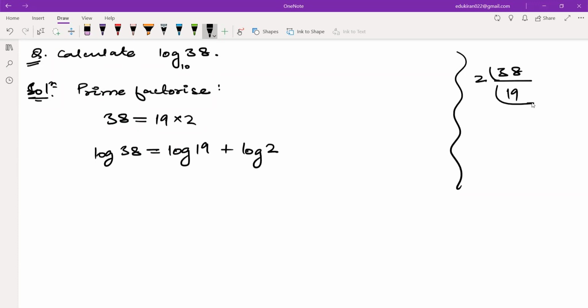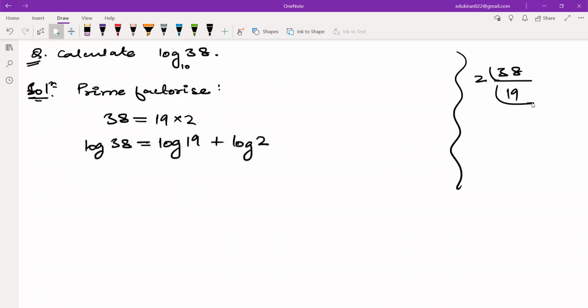So I know the value of log of 2, but I don't know the value of log 19. I cannot even factorize it further. So this is where we are stuck now. Now you have to approximate.